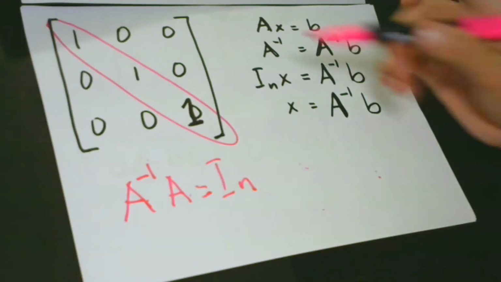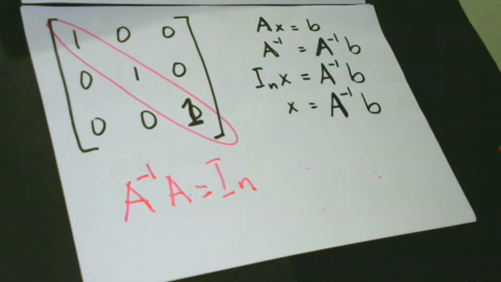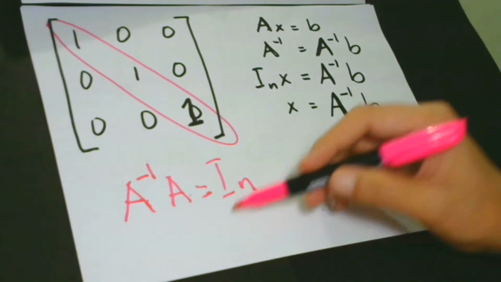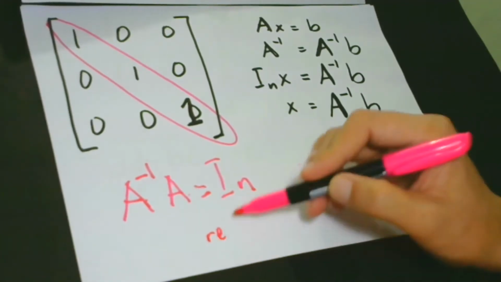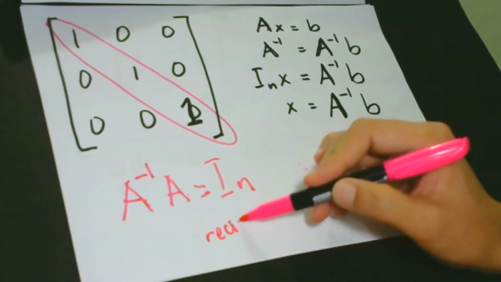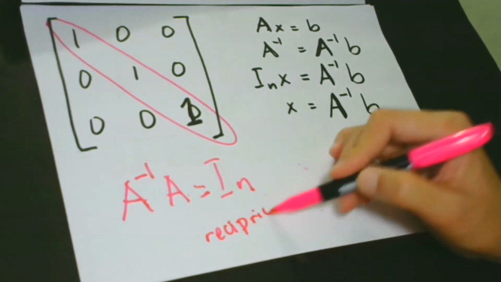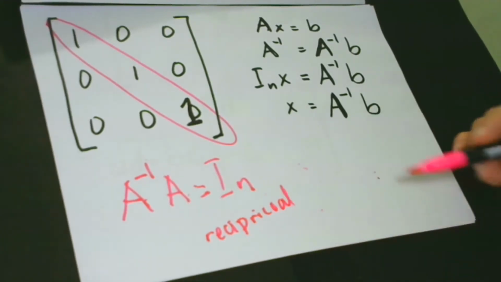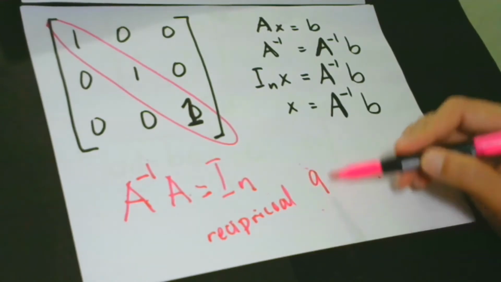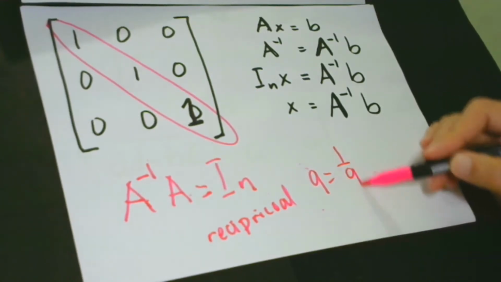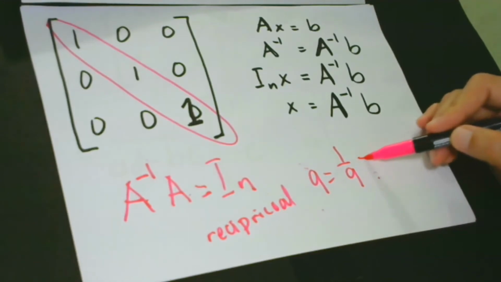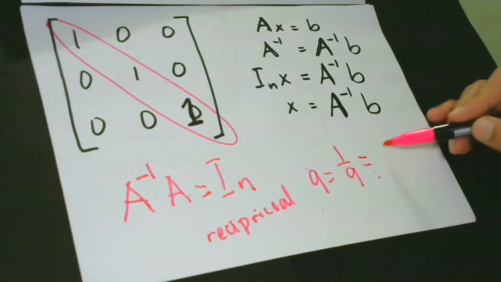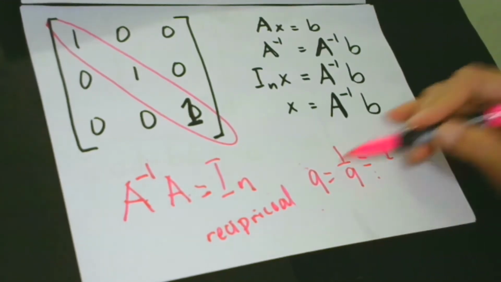Do you still remember the reciprocal? We had that in our elementary math. For example, the reciprocal of 9 is 1/9, such that when we multiply 9 and 1/9, it becomes 1.